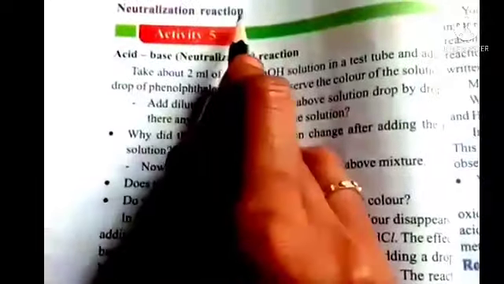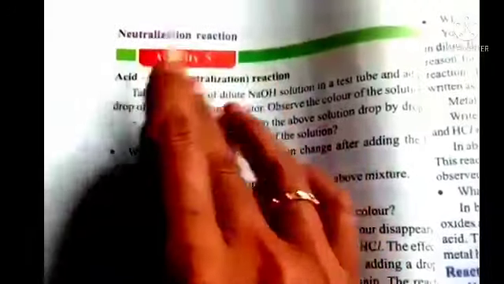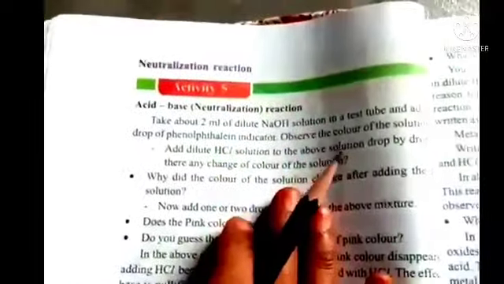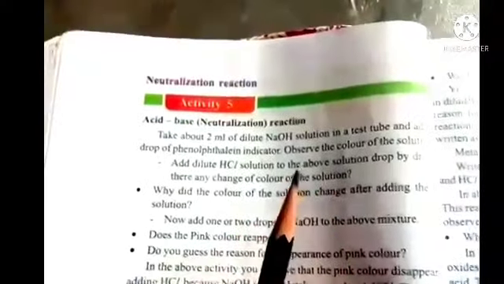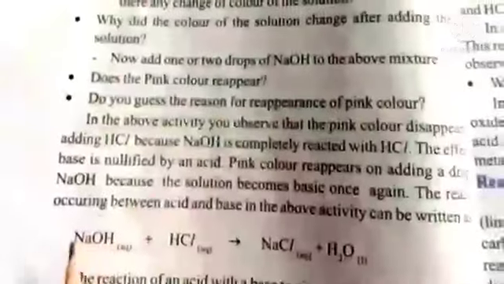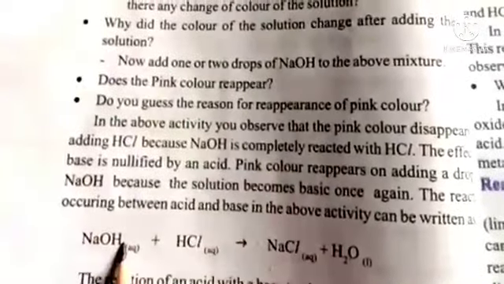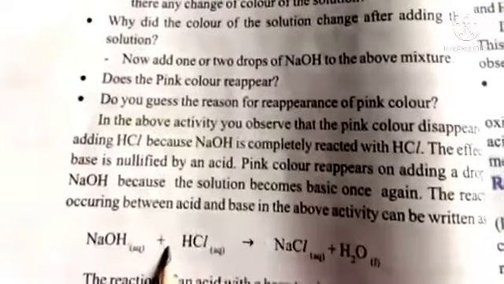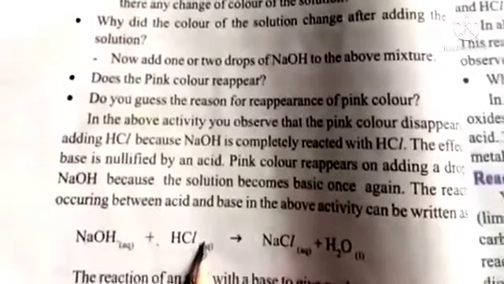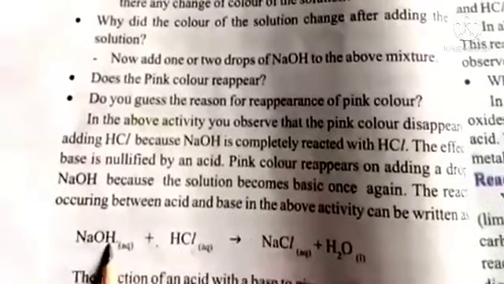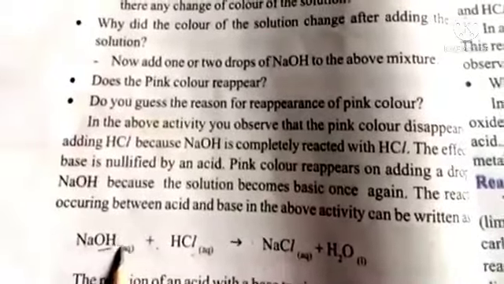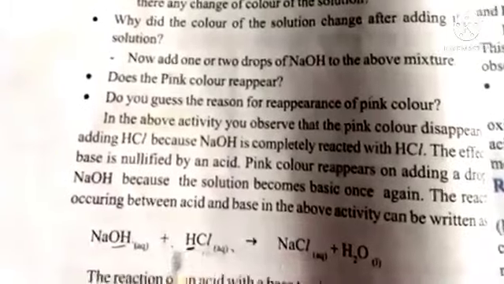And next is the neutralization reaction. Neutralization means we take one acid and one base, and after the reaction we find a salt; that is called neutralization. Here one base, sodium hydroxide, plus HCl, the acid. Hydroxide is the base. In HCl, hydrochloric acid, H plus ions are there, that is the acid.